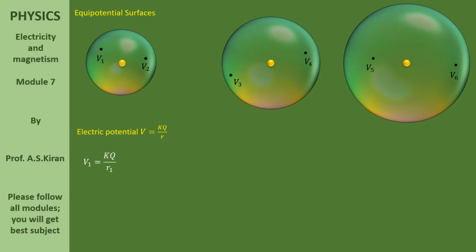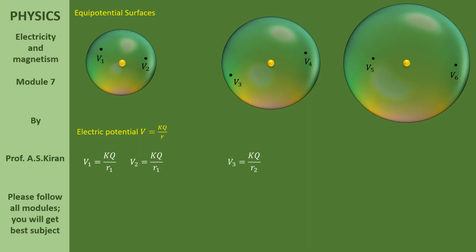Now here, V1 is equal to kq by R1. Similarly, V2 is equal to kq by R1. Why is this R1 again? Because from the point of V1 and from the point of V2, the distance from the charge is R1, that is the radius.